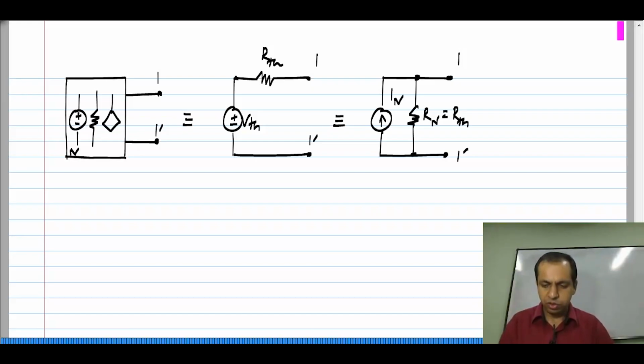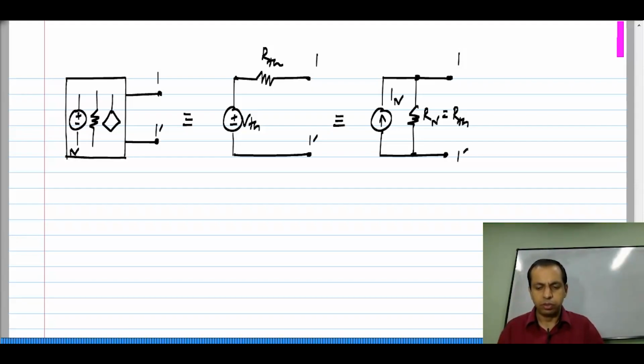Again, the equivalence holds for the circuit between these two. Again, the equivalent holds at these two terminals 1 and 1 prime, and what it means is that if any circuit is connected to these two terminals 1 1 prime, you connect it to either the full circuit or the Thevenin equivalent or the Norton equivalent. The currents and voltages at these terminals will be exactly the same, and consequently, those in the circuit that you connect will also be exactly the same. Okay. So, when you are interested in modeling this circuit, you can either use this or that one.